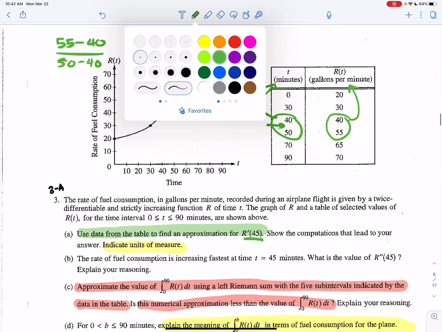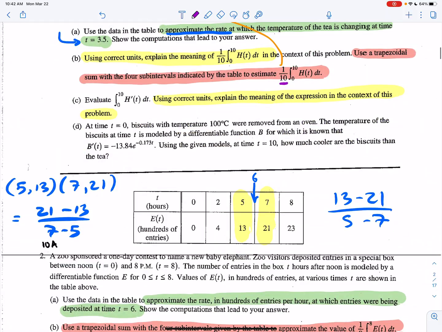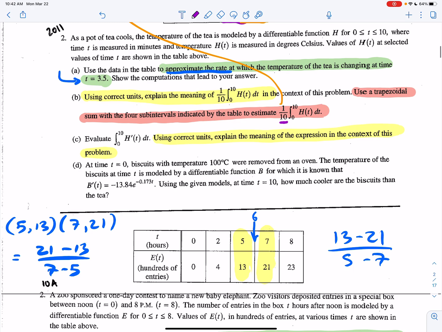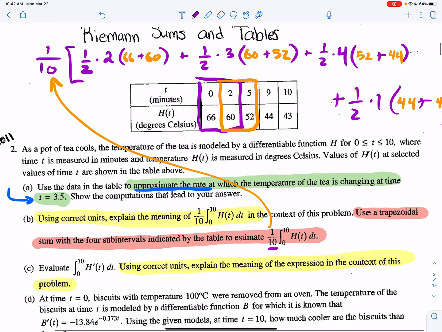Let's do a problem on context. And this is where it takes a little bit of time, but I think we can do it. Here we go. Okay. So if you guys remember, this 1/10 here is what makes it an average value. That was one of the last assignments that we had there, okay? The average value. So in this case, this is going to be the average, whatever H is talking about.